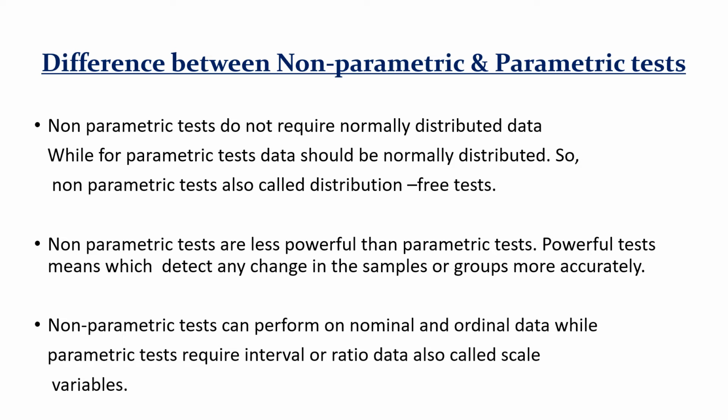If we have our data in such rank order or in median values, then we use non-parametric test. Whereas for parametric test, we require interval or ratio data, also called scale variables.